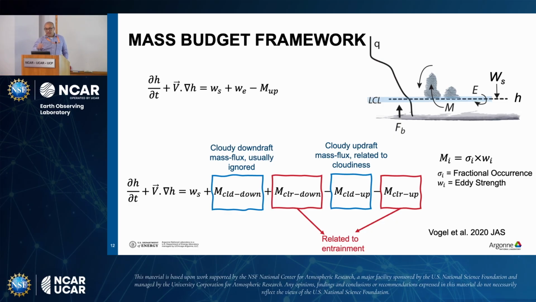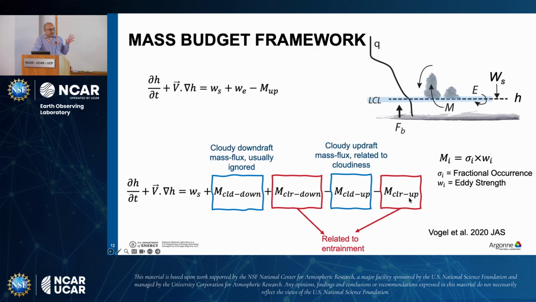So normally we use the cloudy updrafts, which is exactly what is shown in this figure that's related to cloud fraction, and it sort of works out pretty well. This term here, which is cloudy downdraft, is kind of ignored in many places. Many models, etc., ignore that, and there is good reason for that, and we'll get back to it in a few slides. So we ignore that. And then lastly, we have these two terms, clear air downdrafts and clear air updrafts, right?